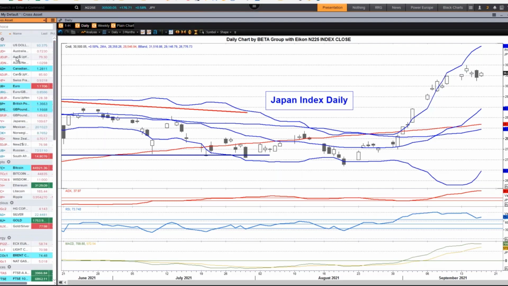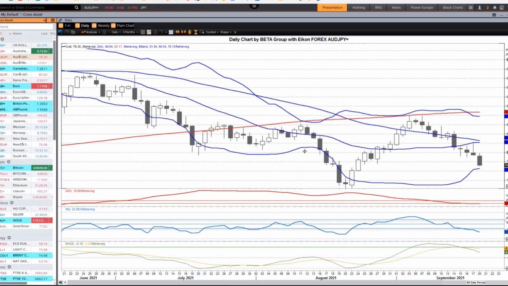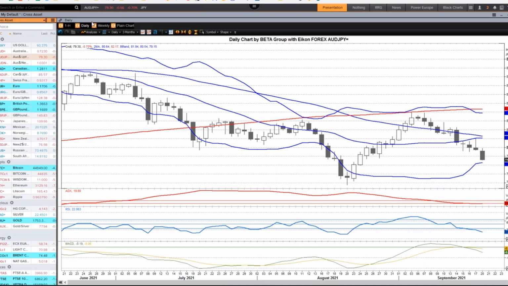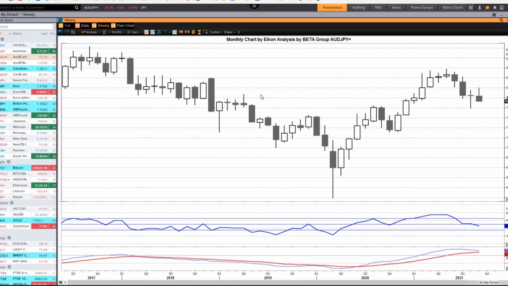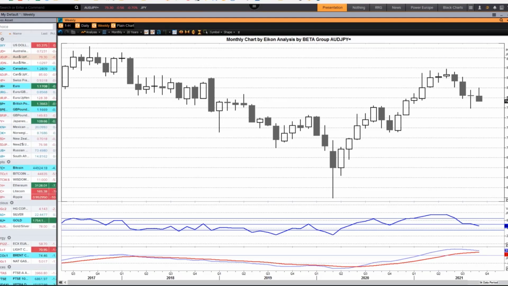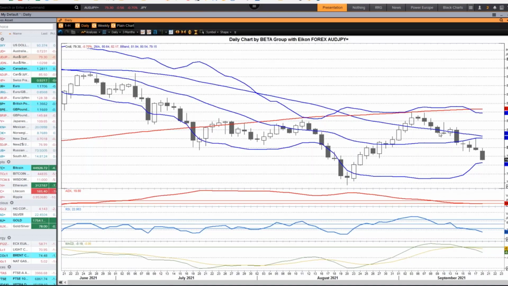There's normally somebody on here who always asks me for the Australian dollar, Japanese yen. So let me do that for that person. Maybe he's not here today, but we worried about this. The weekly chart turned over. The RSI had come down through 65 from above. The MACD started to narrow. It started to move down again. This is the Australian dollar underperforming the Japanese yen.